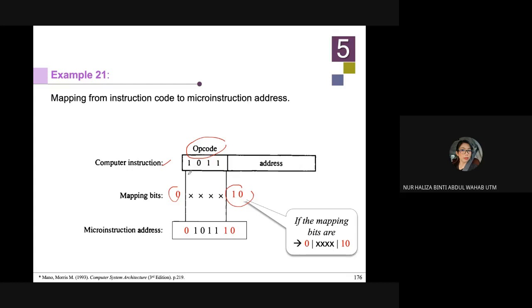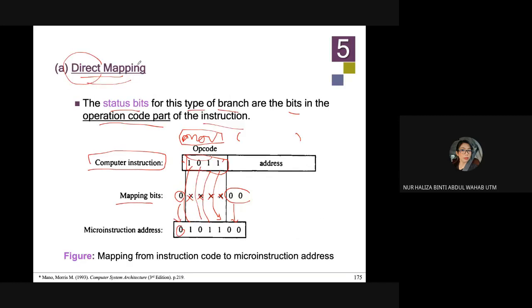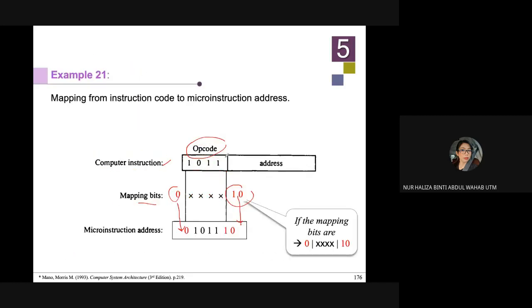What you need to do is bring down your mapping bits and, using direct mapping, apply this opcode inside your microinstruction address, and this is your final answer for your next address.